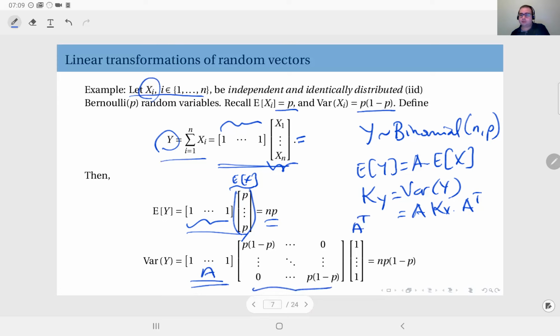You see the off diagonals are 0 because they are all independent, and along the diagonals I have p times 1 minus p, which is the variance of each x sub i, and this multiplication will give me the sum of the elements of the covariance matrix of x, which is n times p times 1 minus p, again as expected, equal to the variance of the binomial distribution.